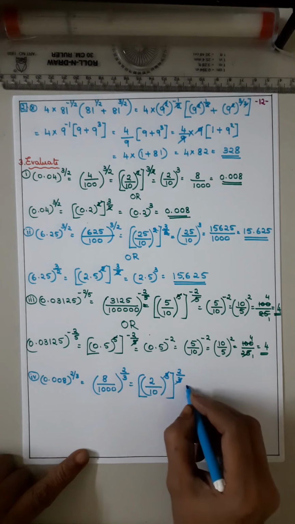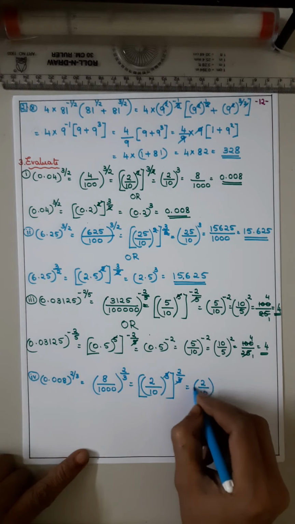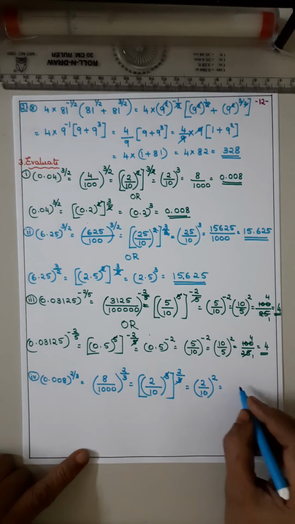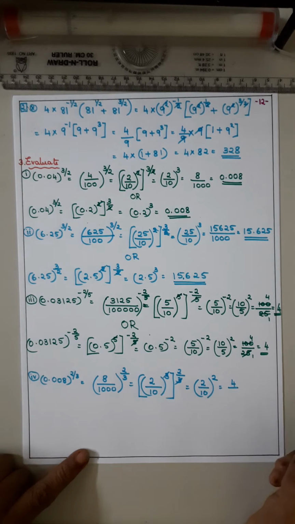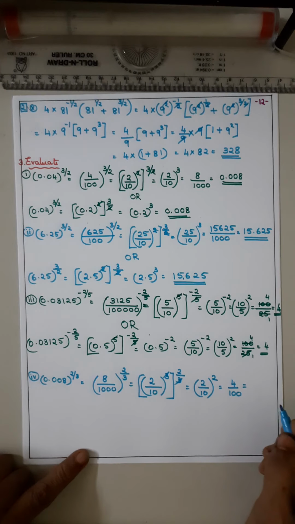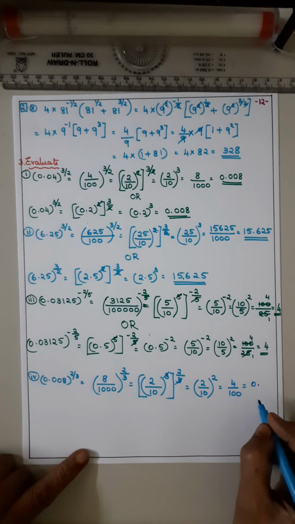This 3 gets cancelled. Now it became 2 by 10 the power whole square. Now 2 square is 4, 10 square is 100. So 4 by 100 means 0.04, isn't it?